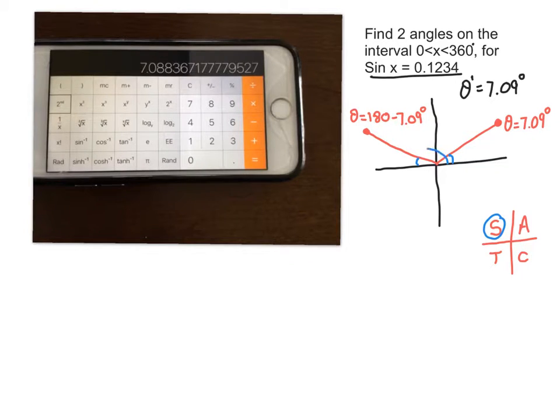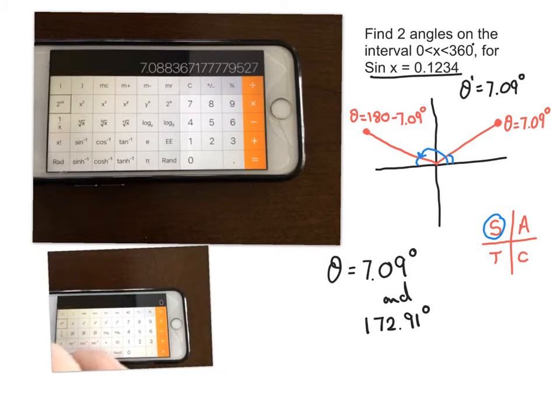So therefore this angle here will be 180 minus 7.09 degrees. So the two answers are theta equals 7.09 degrees and theta equals 172.91 degrees.